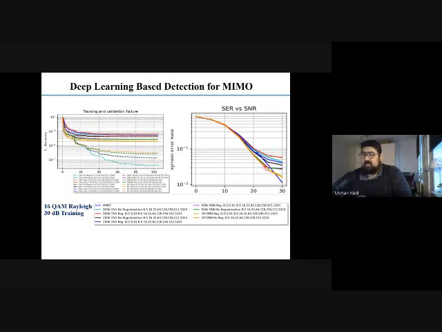So this means that there is a lot of potential in deep learning to outperform this blue curve, the minimum mean square error based receivers. But the problem is still here that at the last point of training, which is 29 or 30 dB, the blue curve is better as compared to the deep learning curve. So it means that the deep learning based structure that we are using still needs adjustment and optimization, so that we can also beat or outperform our minimum mean square error benchmark receiver with the deep learning method at 30 dB.